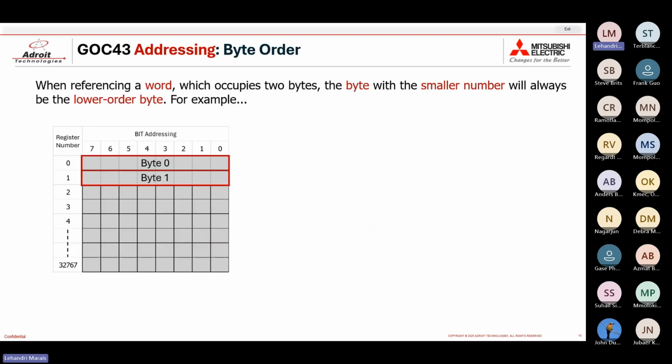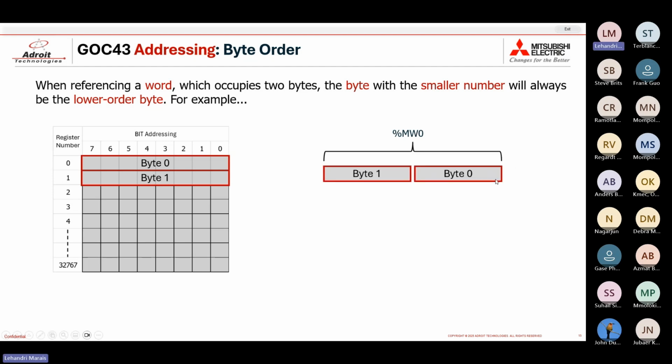Something important to note as well: when addressing or referencing a word, the byte with the smaller number will always be the lower order byte. For example, if you use percentage sign MW0, byte 0 would be the lower order byte, and byte 1 would be the higher order byte.